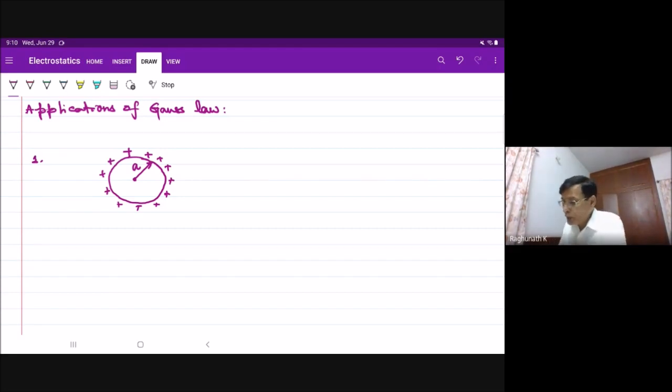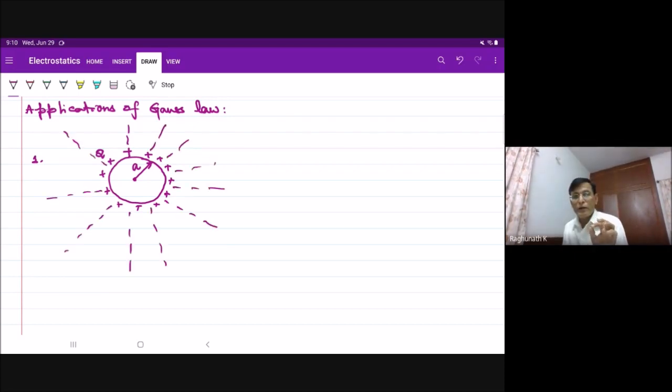This charge Q sends the flux out in all the directions equally. The way in which the charge distribution is visible from a distant point is the same for all the points on an imaginary concentric spherical surface.